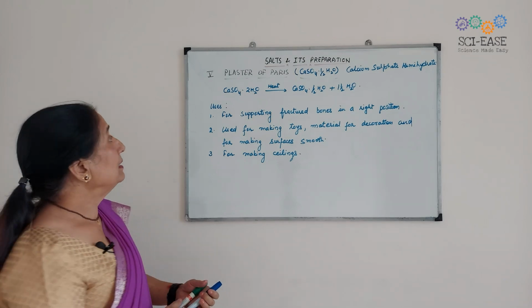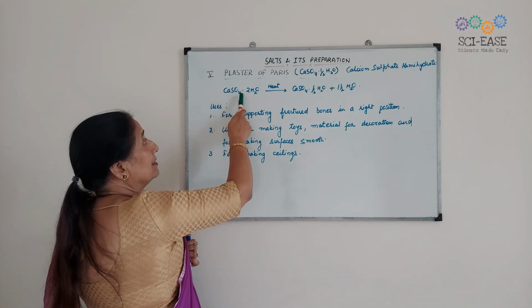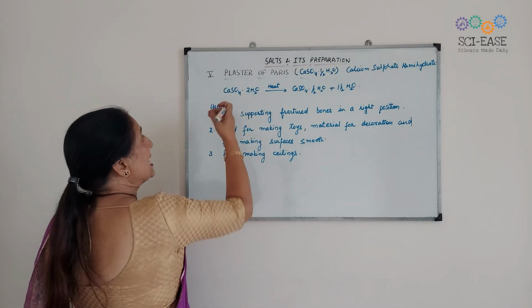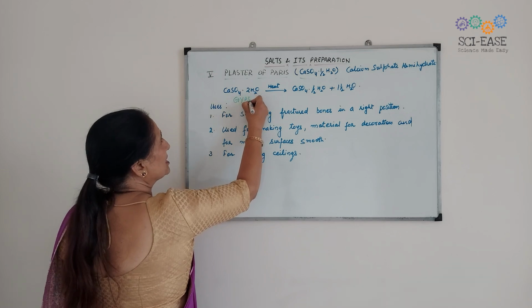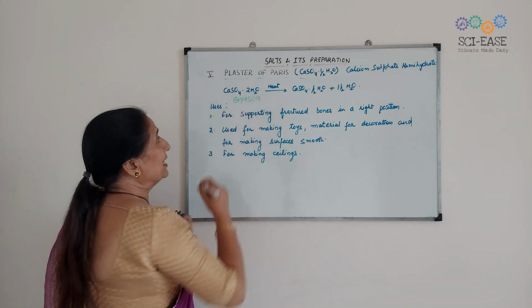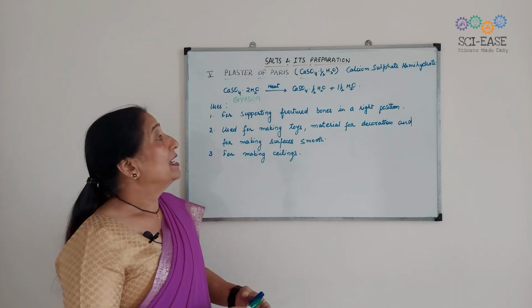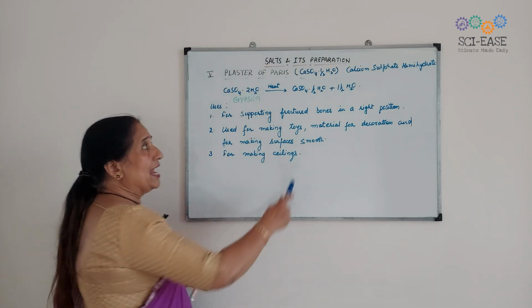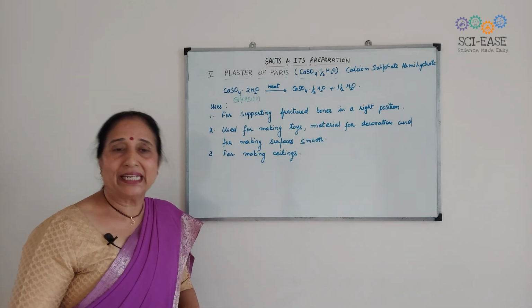How is it obtained? When calcium sulfate dihydrate, which is known as gypsum, is heated, calcium sulfate hemihydrate is formed, and 1.5 water molecules are released.